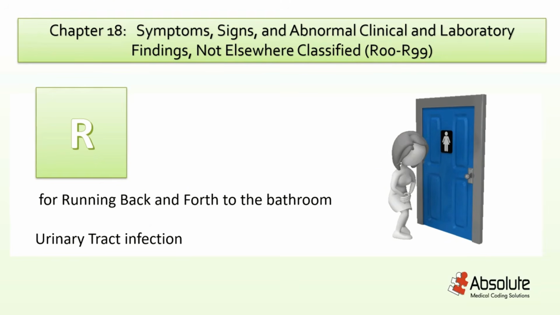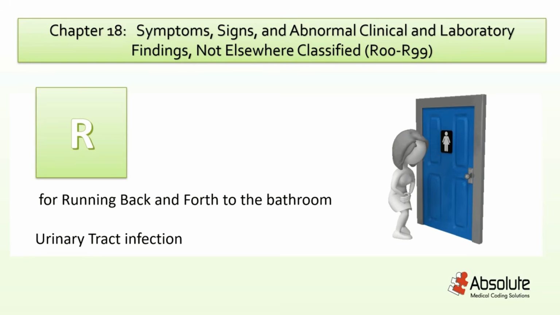Now, when you think of Chapter 18, think of the letter R. And this is where you'll find clinical indicators like signs and symptoms, such as running back and forth to the bathroom because you have a urinary tract infection. Think R for signs and symptoms, not elsewhere classifiable. R is for running because you have a UTI.